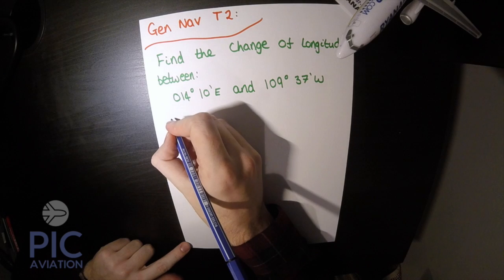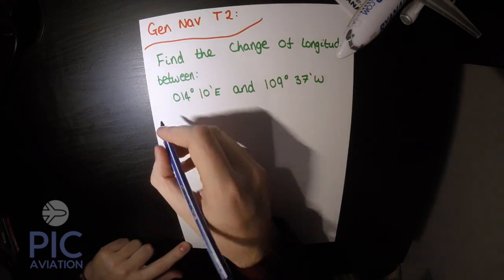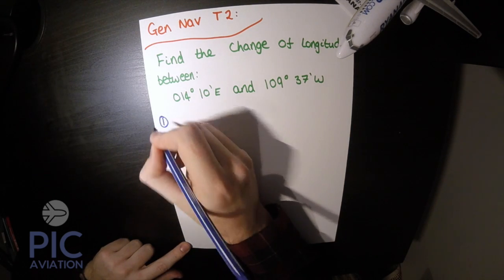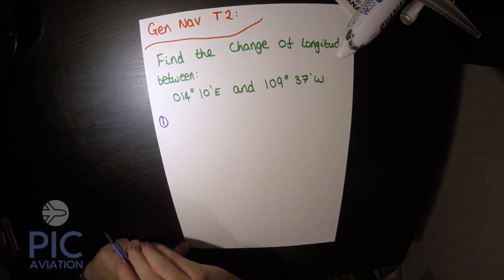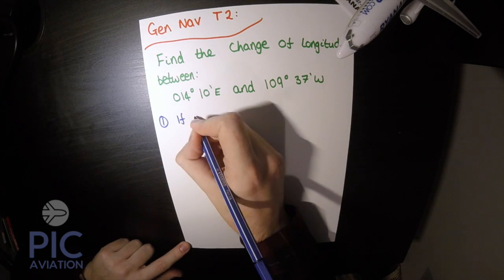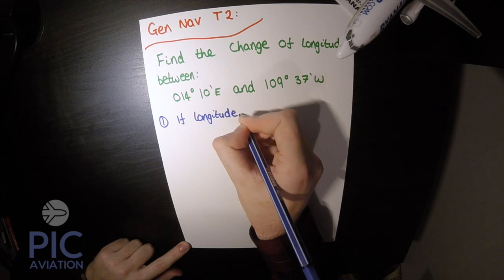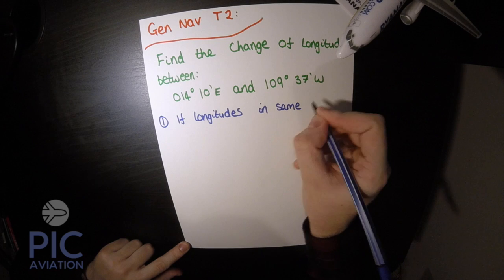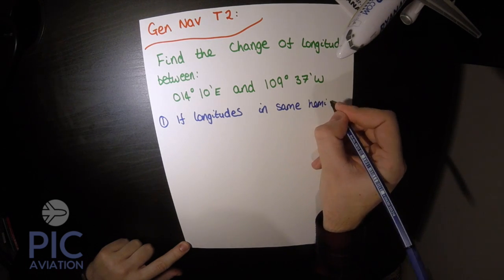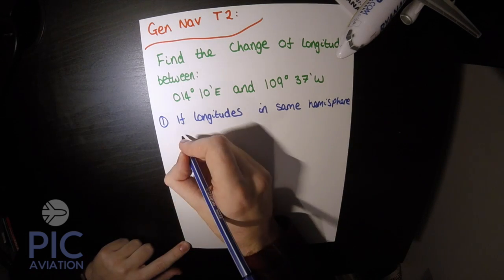The first step involves referring to the rules we listed for the previous changes of latitude. The first rule being that if the longitudes are in the same hemisphere, we are going to subtract.